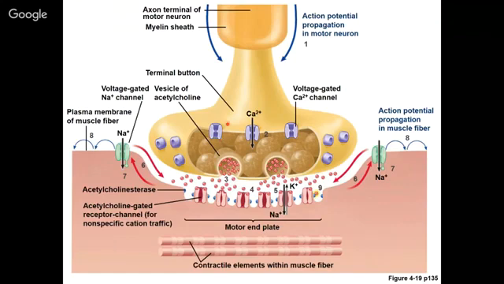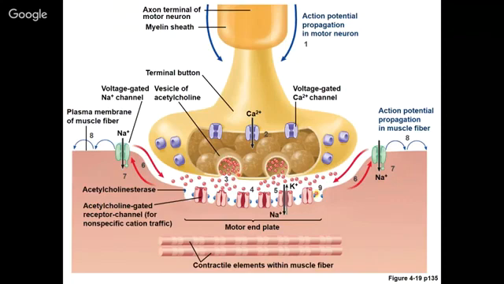This local action potential triggers the opening of voltage-gated calcium channels, okay? And this allows the subsequent entry of calcium ions into the terminal button, okay? So you've got this large influx of calcium ions. Now, this influx of calcium ions triggers the release of the acetylcholine molecules, these little tiny molecules, by exocytosis of these vesicles, right?